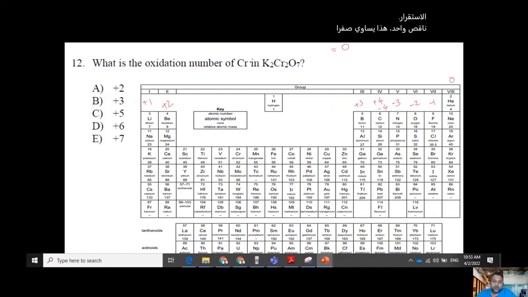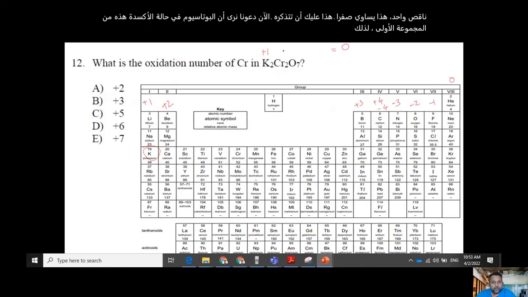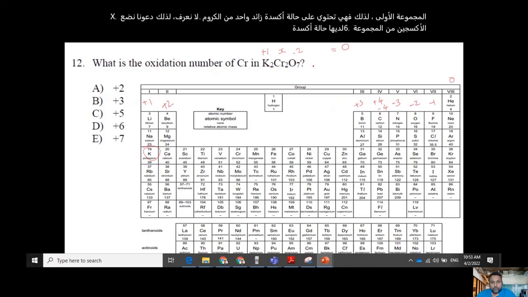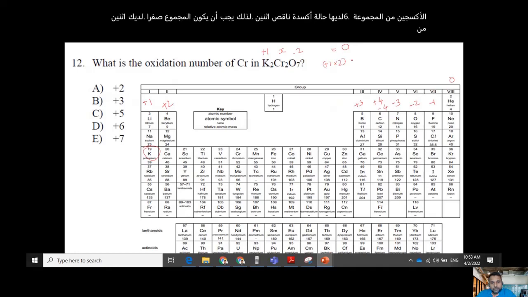Now let us see this oxidation state. Potassium is from group 1, so it has an oxidation state of +1. Chromium we don't know, so let's put x. Oxygen is from group 6, so it has an oxidation state of -2. The total must be 0. You have 2 potassium, so +1 times 2, plus we have 2 chromium, so 2x.